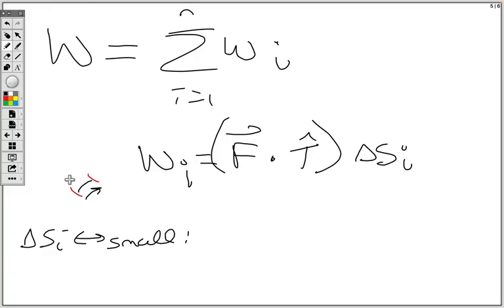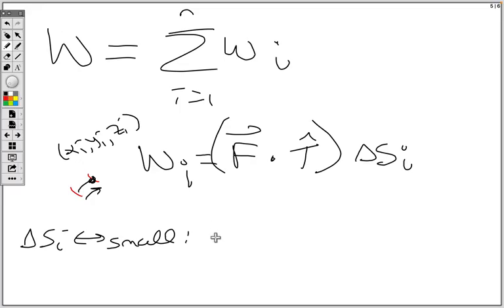So if we assume that delta s sub i is small, we can take the force over the entire little interval to be the force at, you know, one of the endpoints. So let's say this is at the point x sub i, y sub i, z sub i.